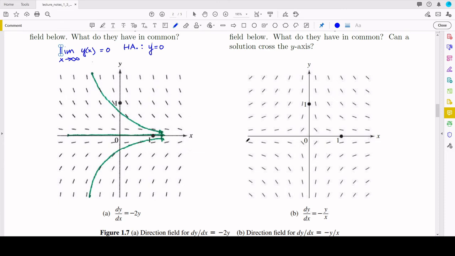And similarly, if we start in quadrant 3, we decrease slowly at first, but then we start to decrease more rapidly, and then we start to approach the y-axis.